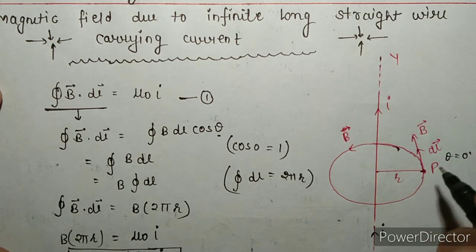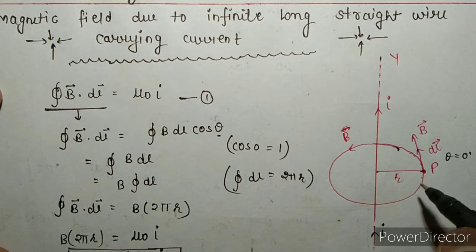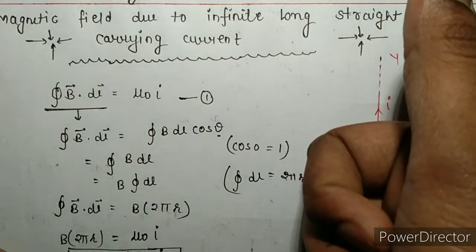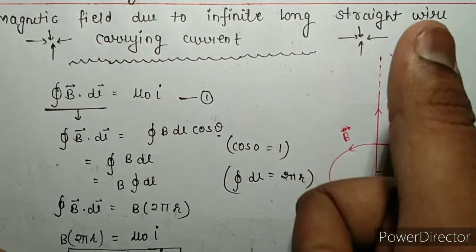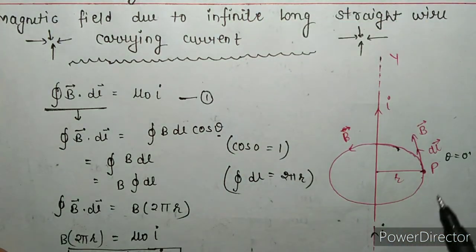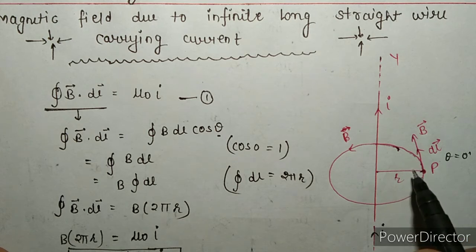Now the direction of the magnetic field at that point P is given by the right hand thumb rule, and the rule is that you should keep your right hand thumb in the direction of current, and the fingers enclose in an anti-clockwise direction, the direction of the magnetic field.